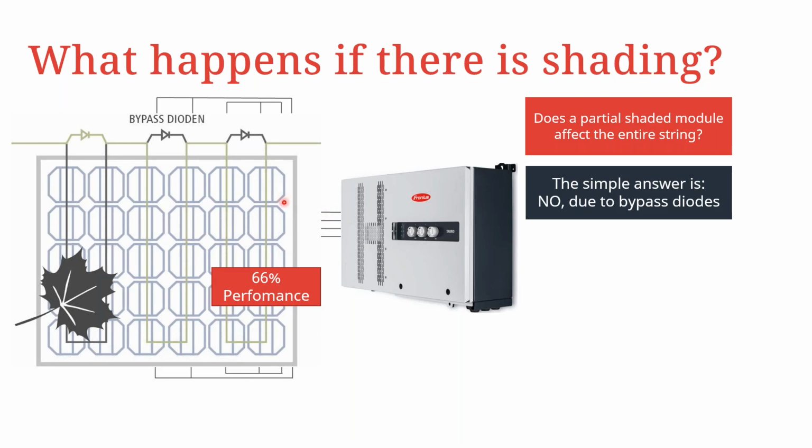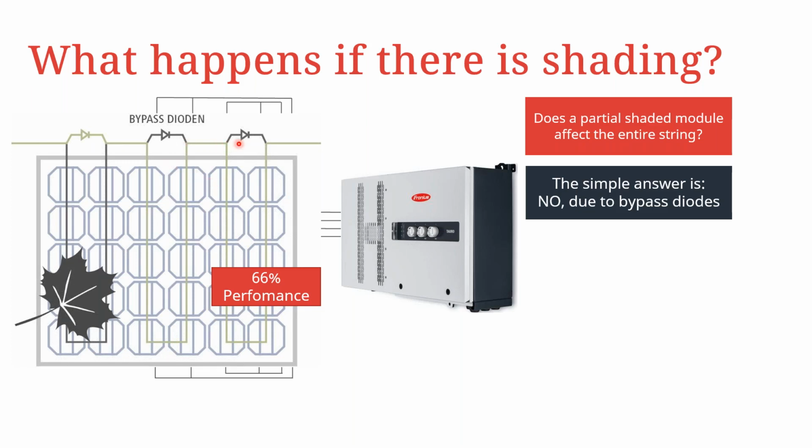As you can see in this case, the series connection of these microcells in the module has been impeded by this leaf. So this causes an open circuit for this particular shaded or affected area, but this doesn't affect the entire module because of this bypass diode.